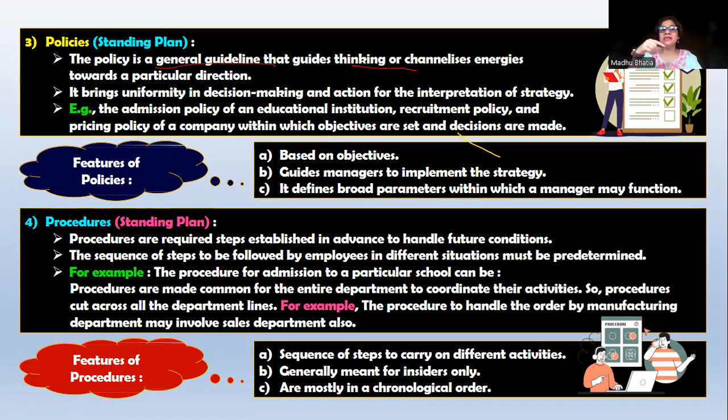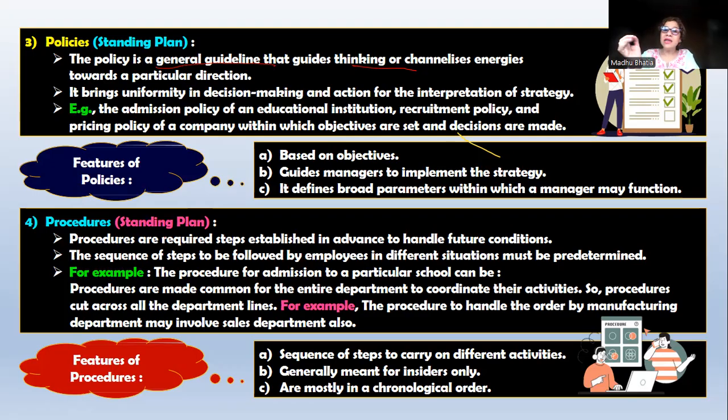Routine decisions in the sense, जो decision time and again लेना पड़ेगा. जैसे for example, if a student has not come to school for 3 consecutive days, the school policy says that the teacher will give a call, and still if the student doesn't turn up, the student's name can be terminated from the school records. That is the policy.